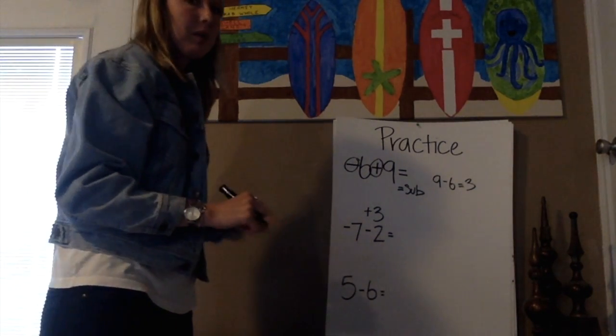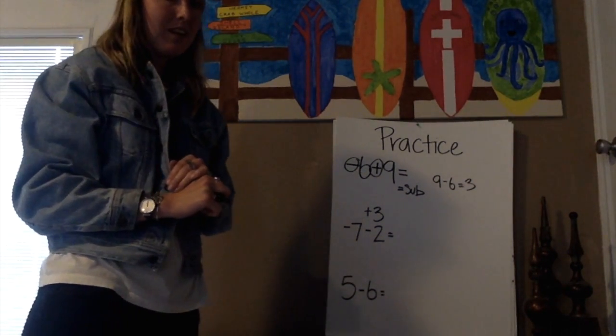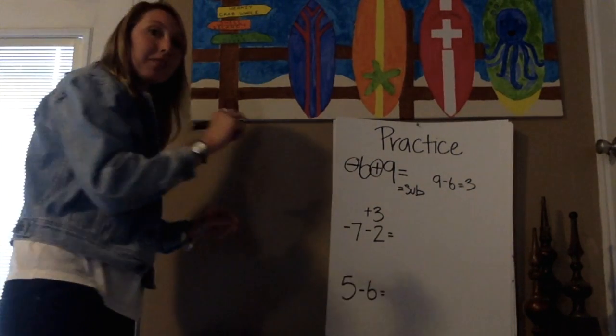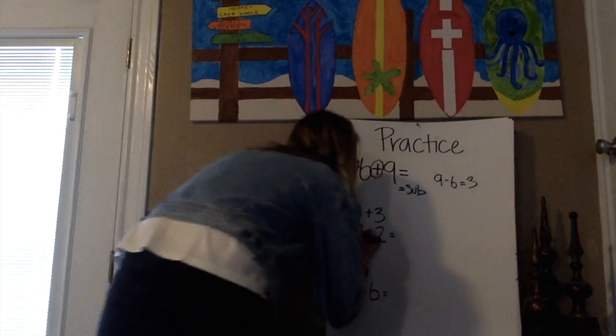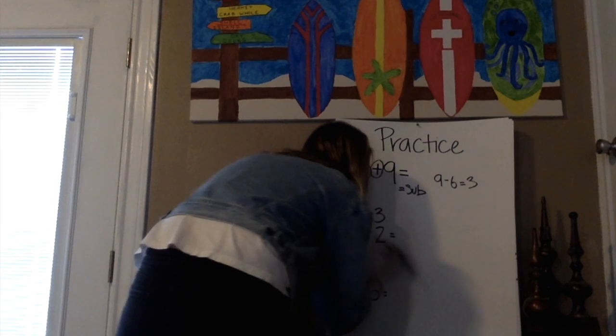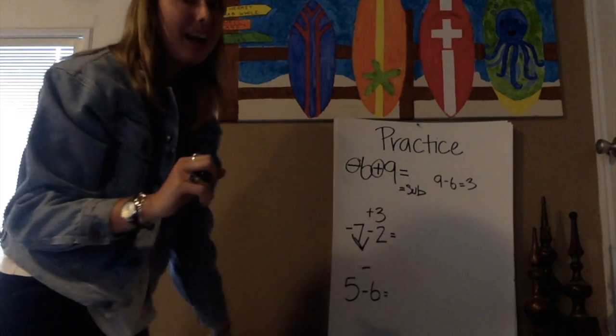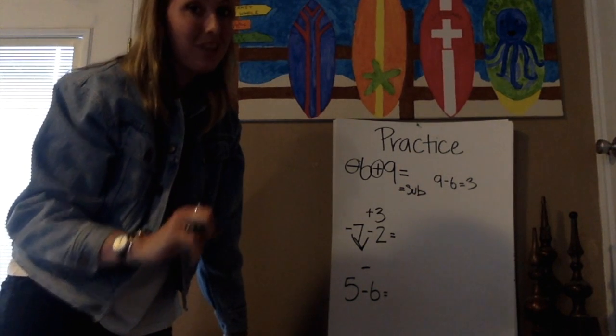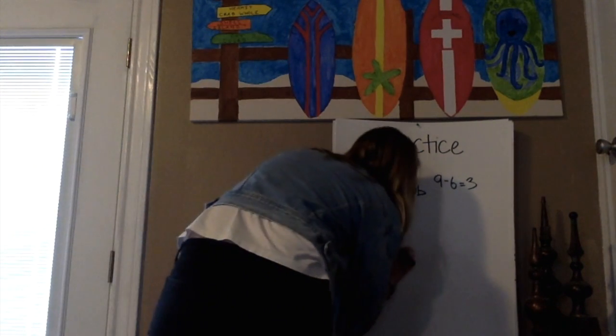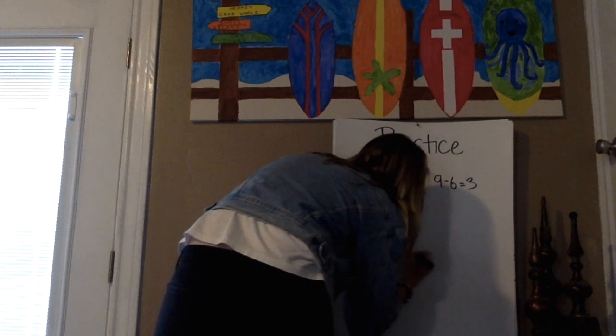The next problem, are the signs the same or different? They're the same, so I want you to draw the arrow to carry the negative down, yes. So draw the arrow. Write the negative down here. And are we adding or subtracting on this one? We are adding because same sign, we add, yes.